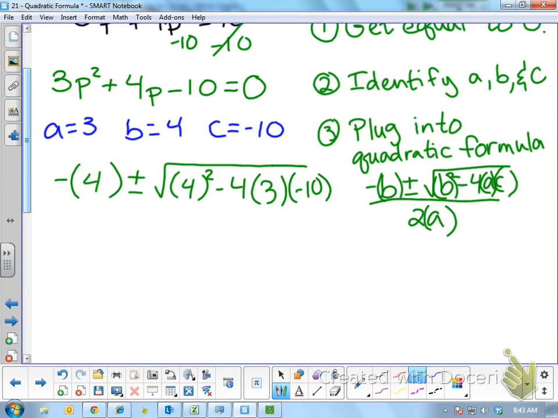We're replacing each letter with its corresponding value. So a was 3. We put 3 in that spot where a had been written. c was negative 10, so we put negative 10 in that spot where c was written. All over 2 times a. What did we say a was? 3.